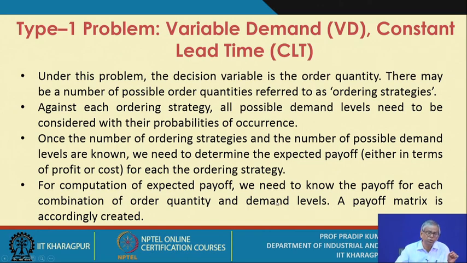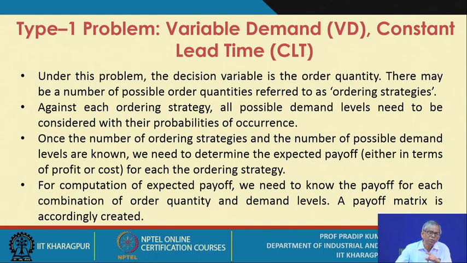That means suppose your order quantity is 1 and the demand level is 1 with a probability say 0.05. So what is your expected payoff? Similarly, suppose your ordering quantity is 3, your demand is say 5. So in this 3-5 combination, what is the expected payoff?